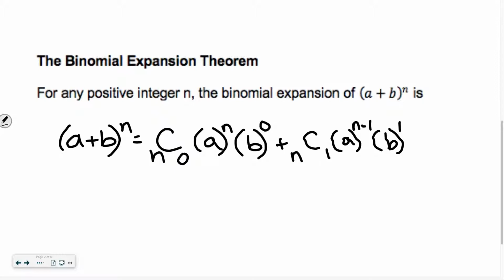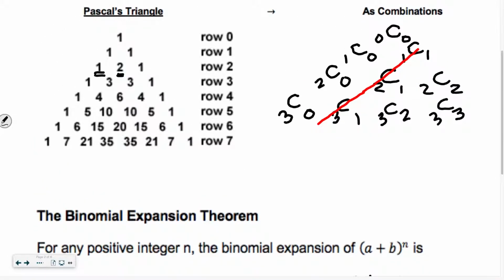Okay. Now, I could get myself into infinitely many terms here. So what mathematicians do is they just say plus dot dot dot, and I'm going to pick that back up over here because eventually it has to end, right? Because I'm raising it to the nth power. There's only a limited number depending on what my n is. Okay, so I'm going to go back up to my Pascal's triangle.